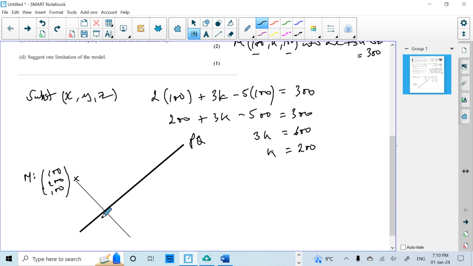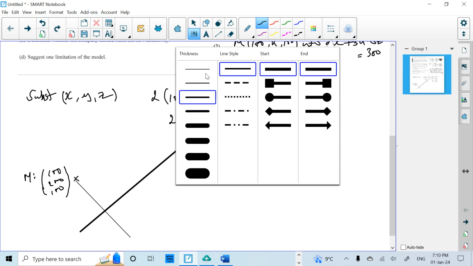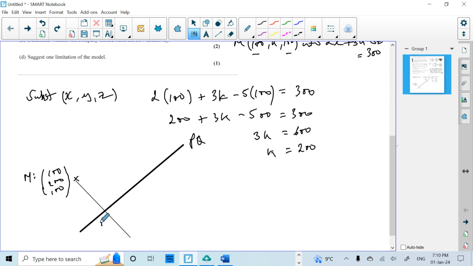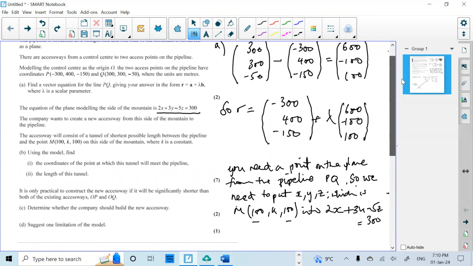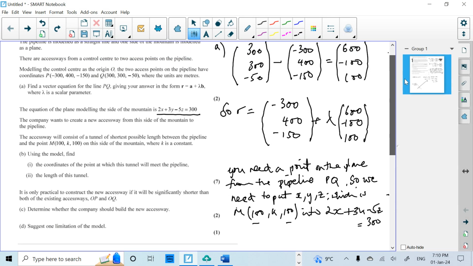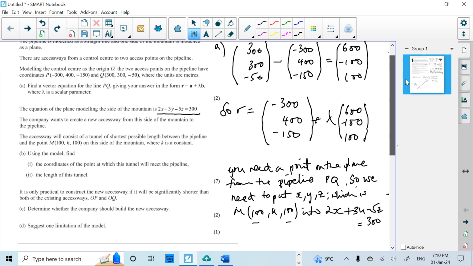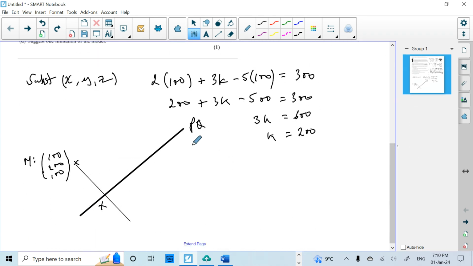Let's call that point X, this point M, and it does talk about a central point, modeling the control center as the origin. The two access points on the pipeline have coordinates. So we need a central point which they call the origin. Let's call this point here O. So we've got OMX.